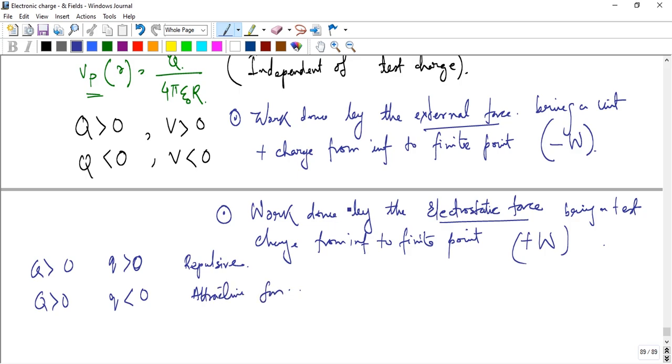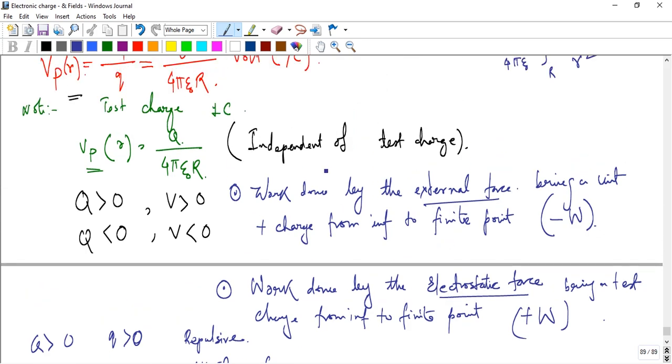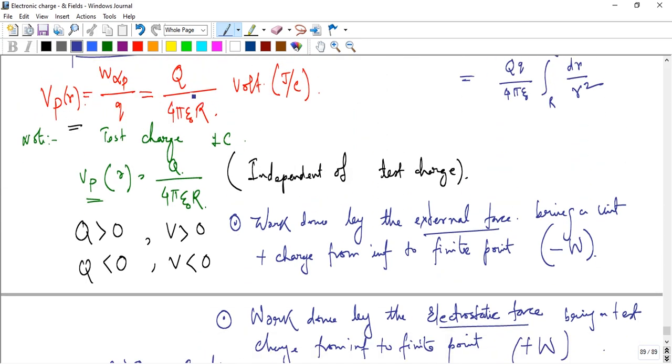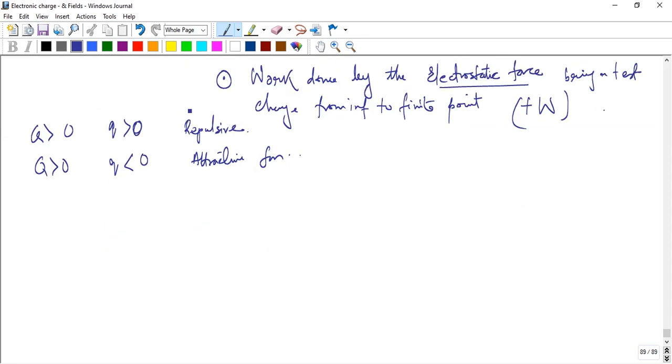Now if I draw a graph of potential versus R, because the source charge Q is constant and 4 pi epsilon naught is also a constant, the graph looks like this.